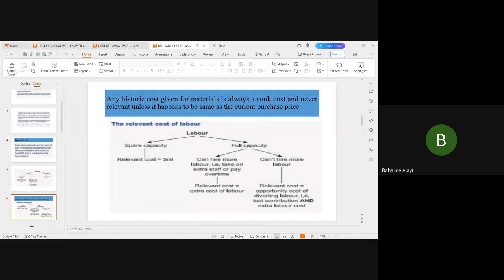Yes, sir, it's clear. So the question I asked was that, in this case, two different costs are going to be charged to the project. One is the opportunity cost. Another one is the amount that is to be paid to those workers that have been moved to the other department.